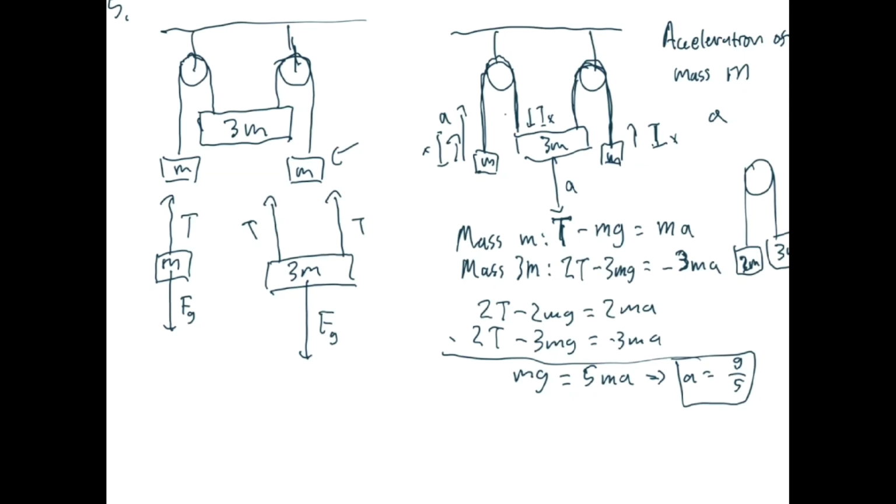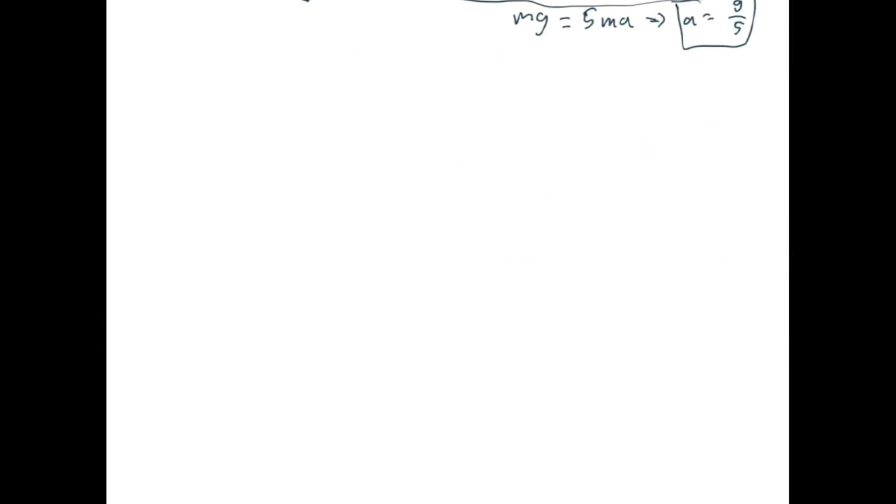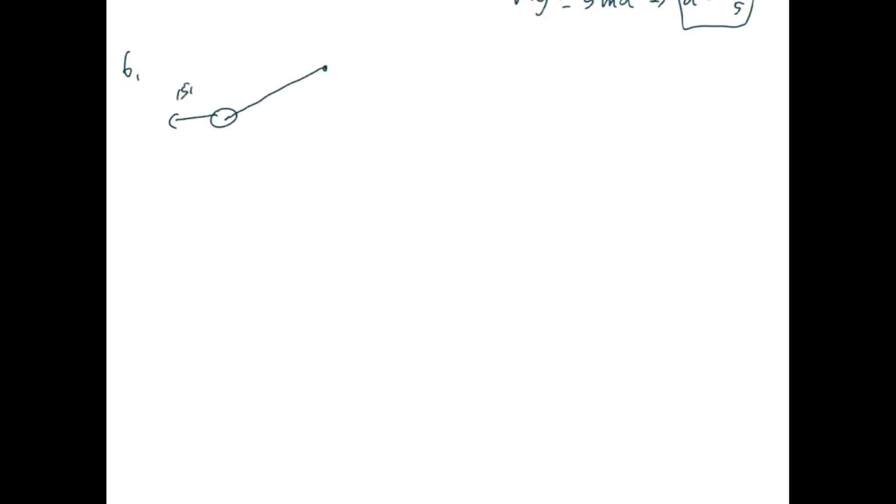If not, I will continue to question 6. Okay, this question is a bit tricky, so let me talk about it. First of all, we have a ball at the end of a rope, and it's being swung at 15 meters per second.